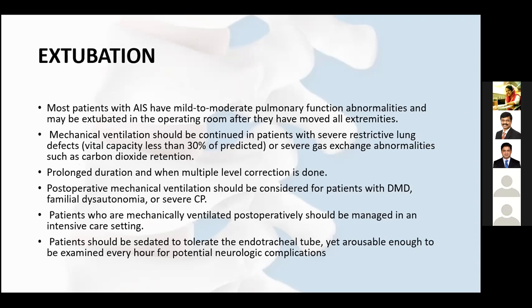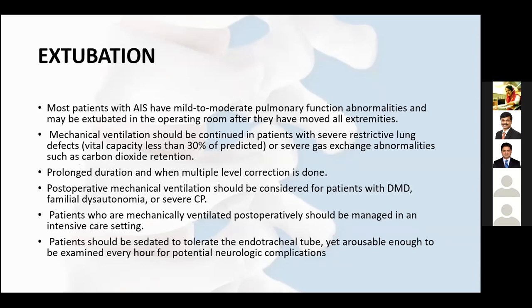When the patient has severe restrictive lung disease, or when the vital capacity is less than 35%, or when the patient has associated neuromuscular disease, or when the patient is very obese, it is better to go for mechanical ventilation. Coming to the surgical factors, if it is going to be a prolonged surgery, when multiple levels of correction are done, it is better to go for post-op ventilation.